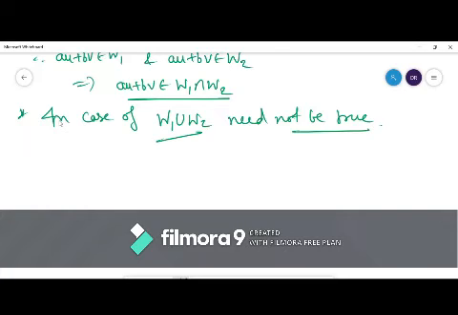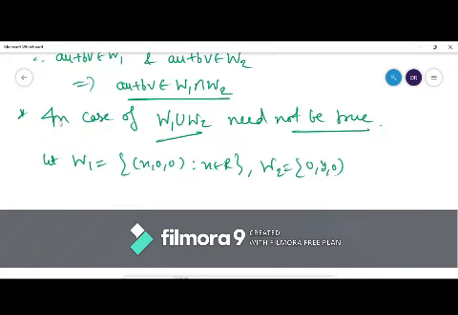First contradictory example: let W1 be equal to (x, 0, 0), where x is any real number, and W2 be (0, y, 0), where y belongs to R. W1 and W2 are two subspaces of the vector space R^3, that is (x, y, z), where x, y, z are real numbers.